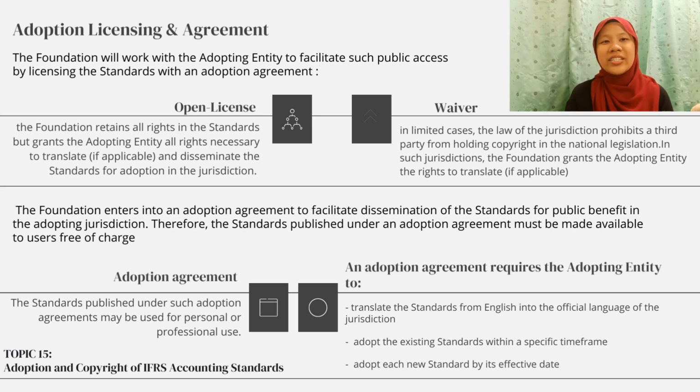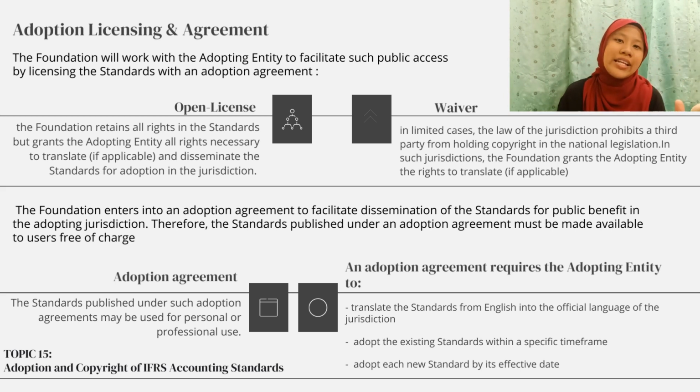In such a jurisdiction, the foundation grants the adopting entity the rights to translate and disseminate the standard for adoption in the jurisdiction, and waives its right to enforce copyright in the standards within the jurisdiction in the official language of the jurisdiction. And the foundation enters into an adoption agreement to facilitate dissemination of the standards for public benefit in the adopting jurisdiction.